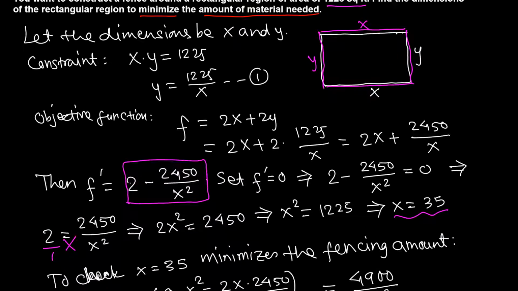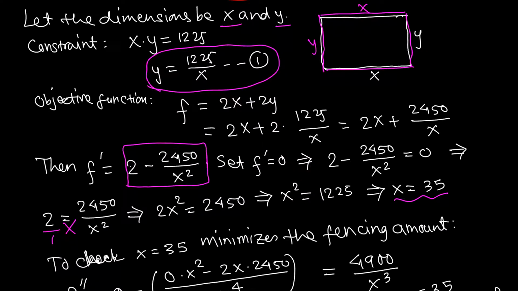Now we go back and write down the final answer. We were asked to find the dimensions x and y, and we found x to be 35, and we also tested that it will indeed minimize the amount of material. Now x is 35, and we need to find y. That y is found from the constraint. So y is 1225 divided by 35.